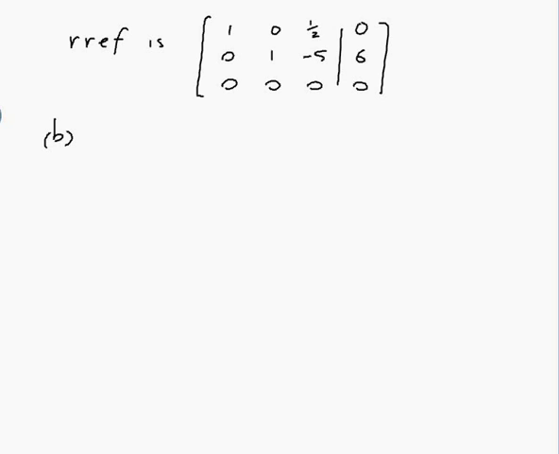B says to state which variables are free and which variables are basic. And to do that we need to look for those leading ones, or those pivots as some people call them. So let's look for them in our reduced row echelon form. There's a pivot, a leading one here, and there's a pivot, a leading one here. These are the columns that are the columns of my identity.